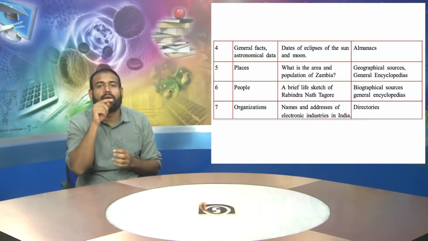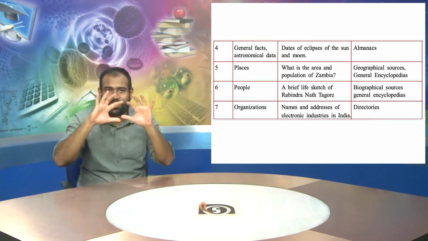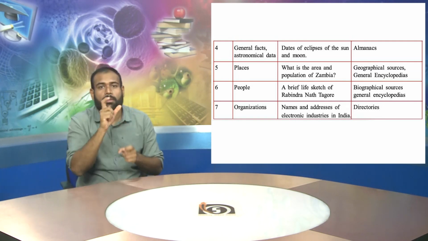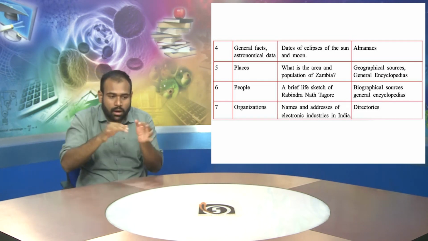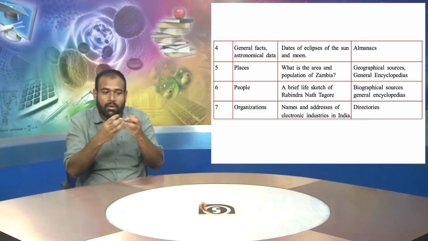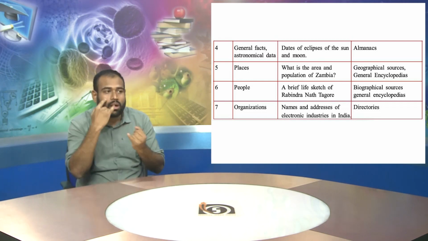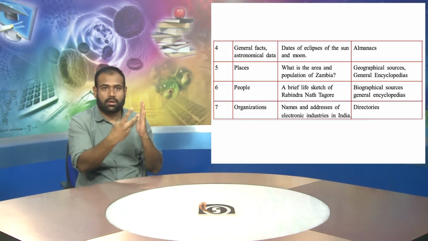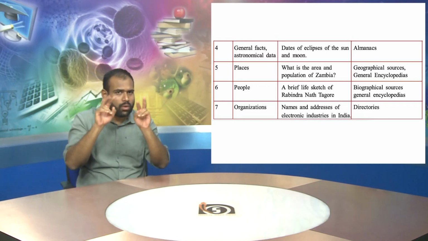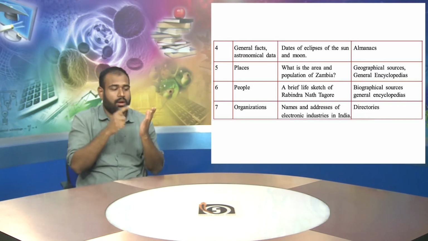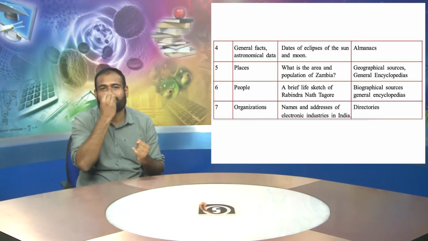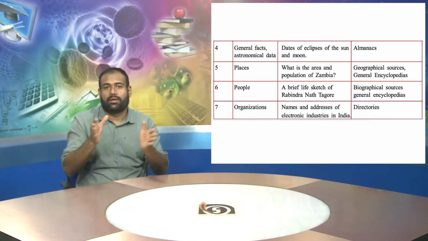Then we would look for the answer in the geographical sources or the general encyclopedia. So according to the type of question, we would look for the answer in that particular reference source.